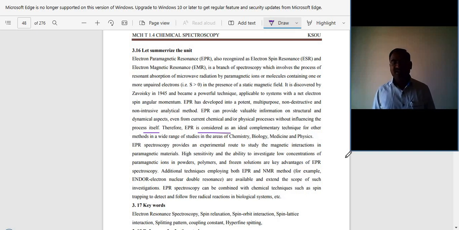Additional techniques employing both EPR and NMR methods are available and extend the scope of such investigation. EPR spectroscopy can be combined with chemical techniques such as spin trapping to detect and follow free radical reactions in biological systems.